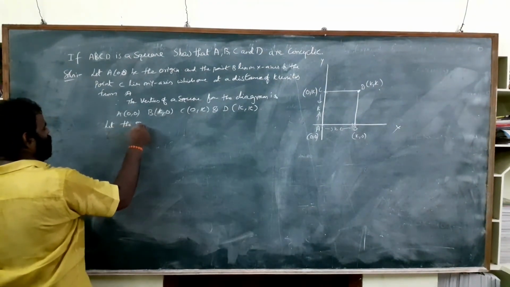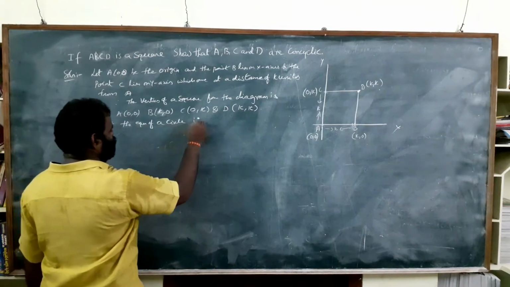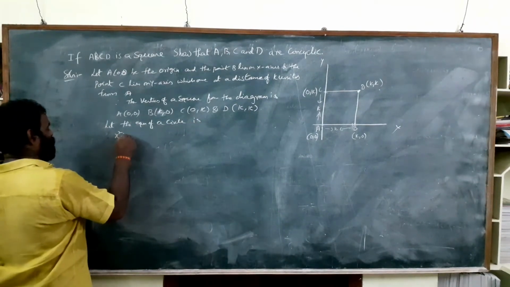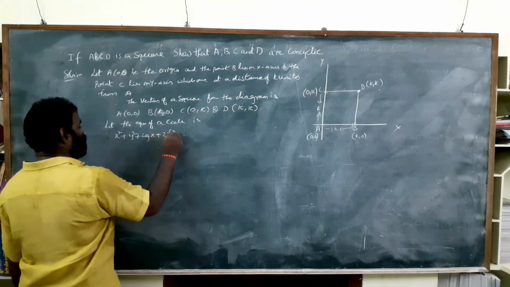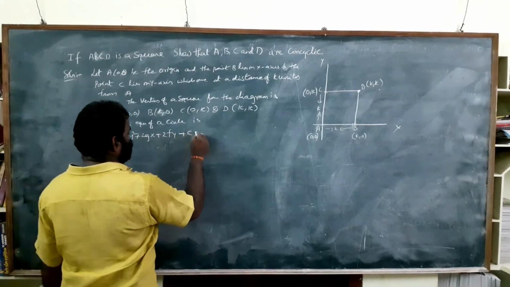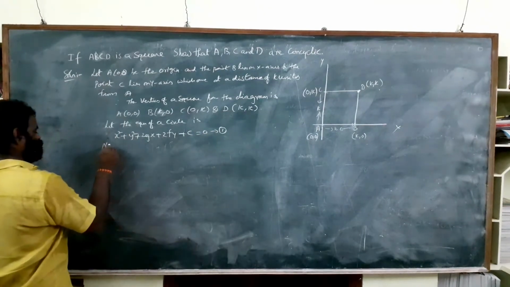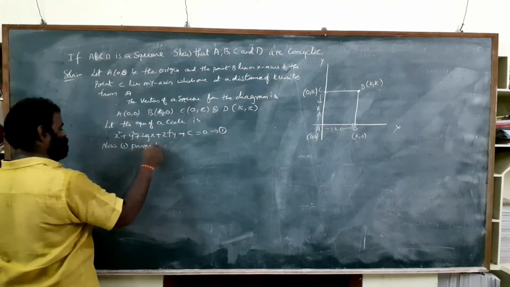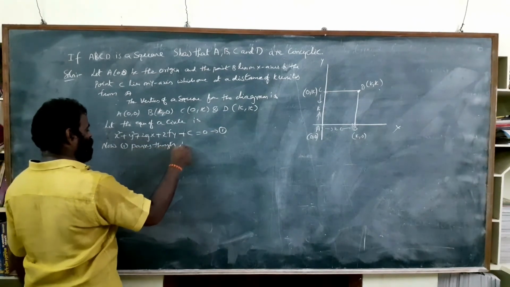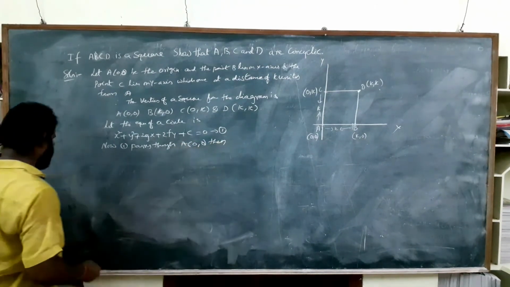Let the equation of a circle be x square plus y square plus 2gx plus 2fy plus c equal to 0, first equation. Now it passes through A(0, 0).